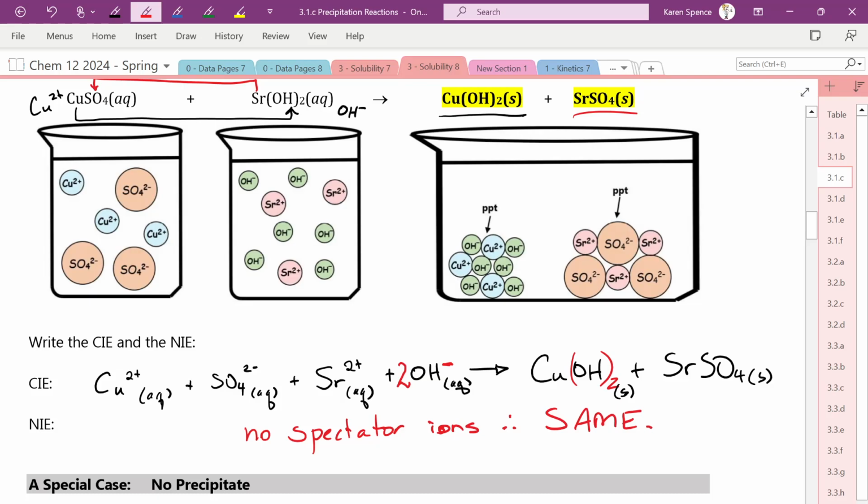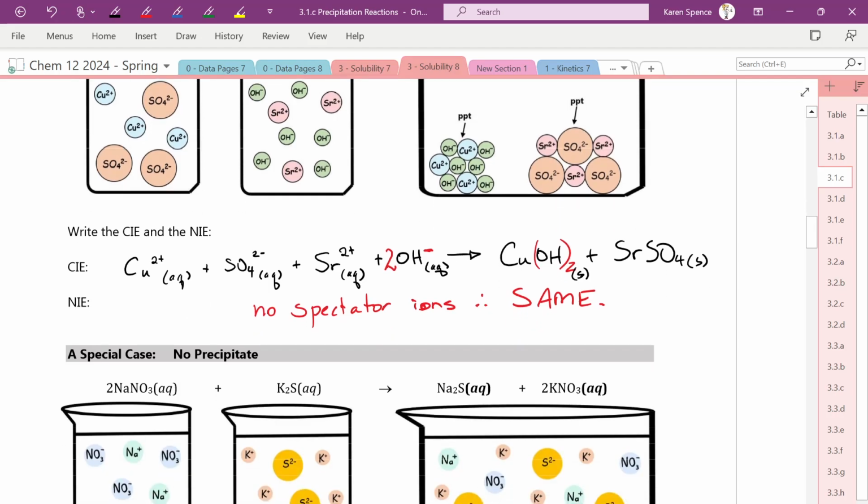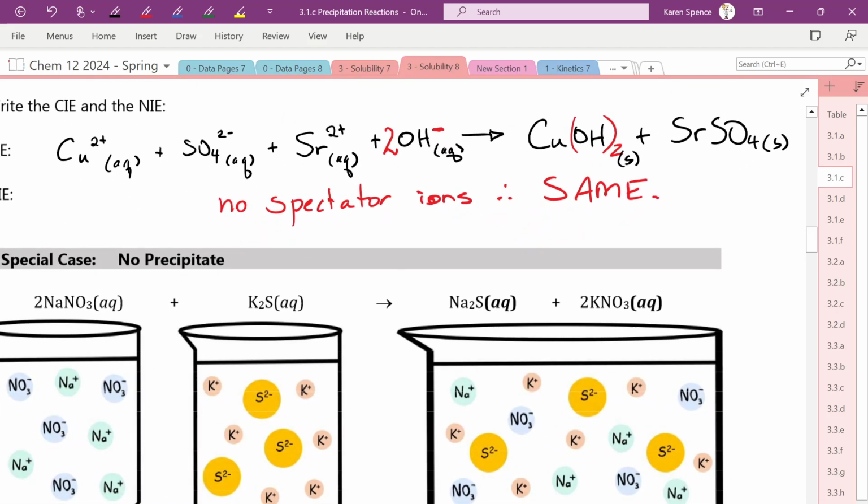And our last case, no precipitate. Well, if we take a look at our ions, we can see that we have Na.